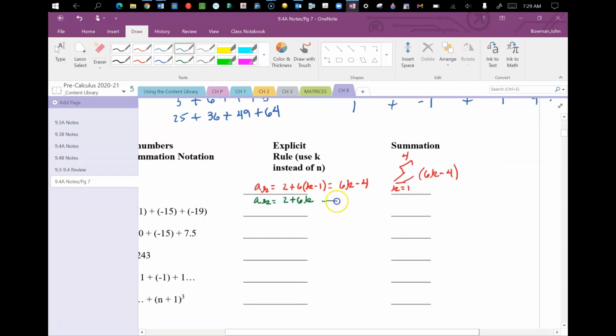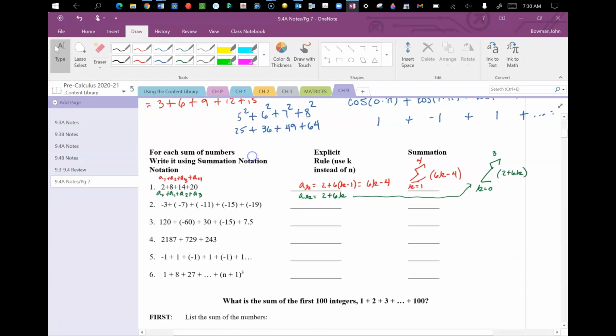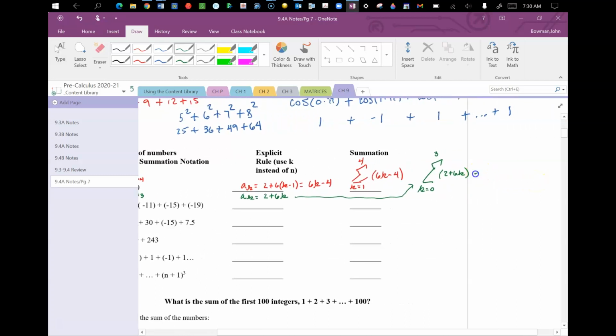So if we use that explicit rule, our sigma notation would be slightly different. It would be from k equals 0 to k equal 3, and we would have 2 plus 6k or 6k plus 2. And we can verify that this works out correctly by simply plugging back in the index values. So if we were to plug in the index value of 0, we would have 2 plus 6 times 0.